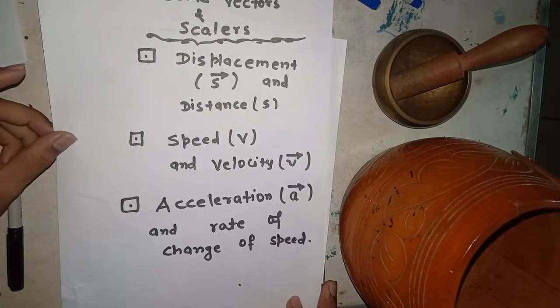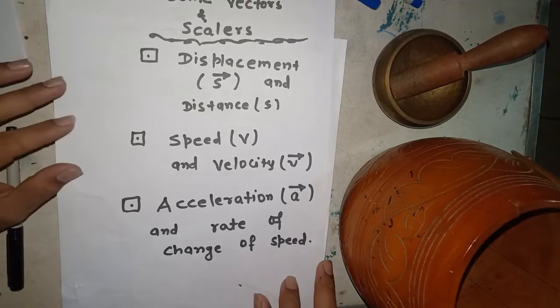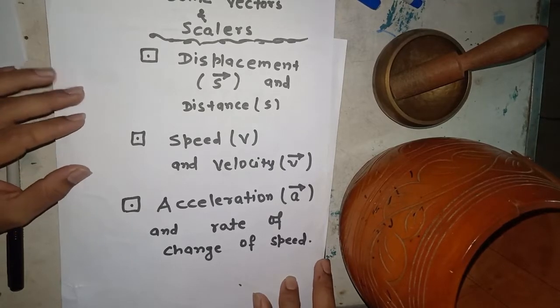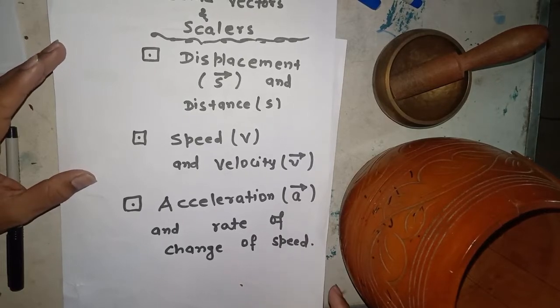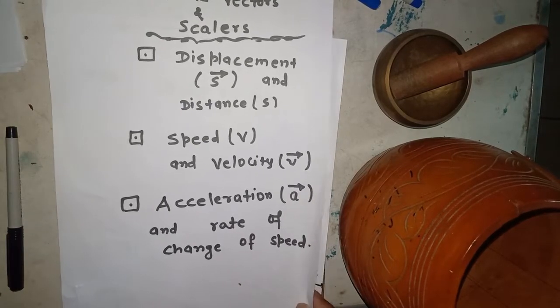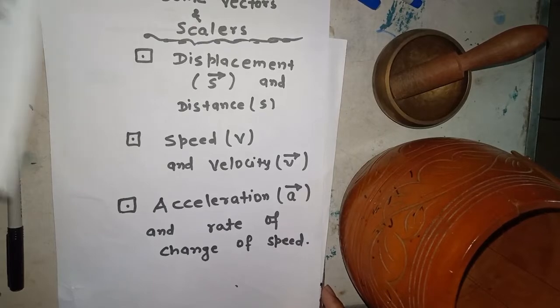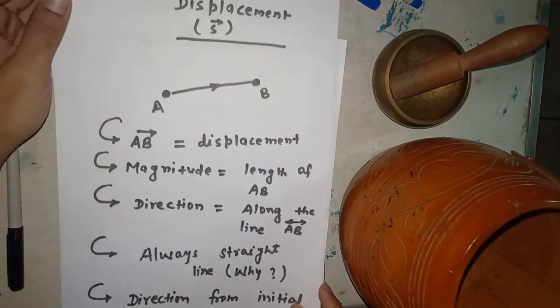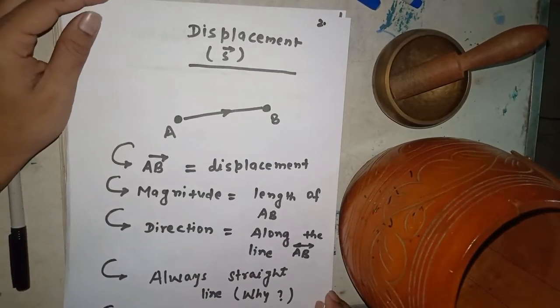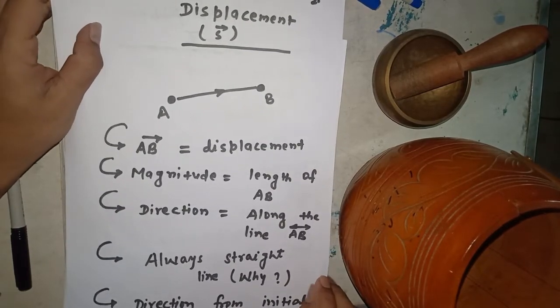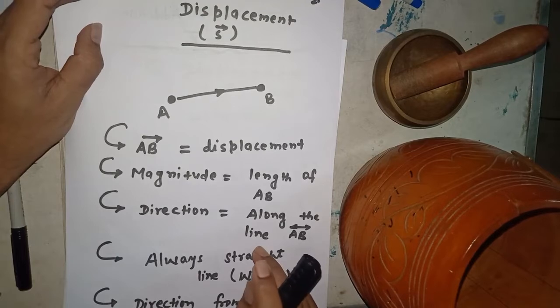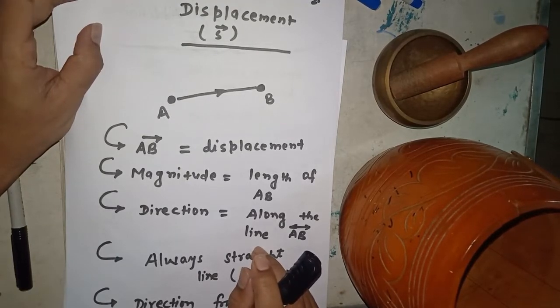So first of all, I am discussing displacement and distance. What is displacement? Surely, displacement is a vector quantity, and a vector quantity has two things.